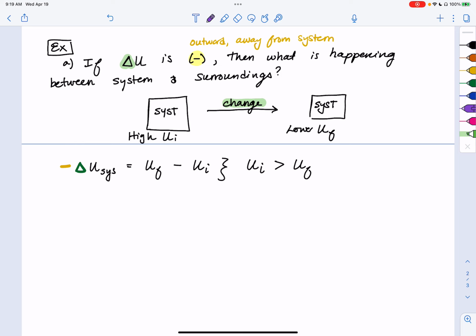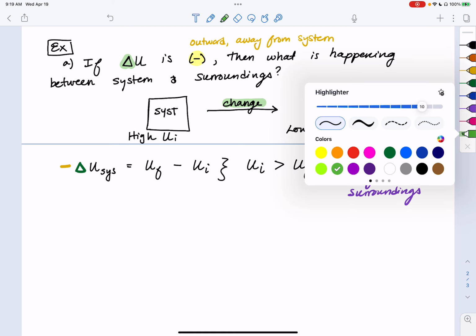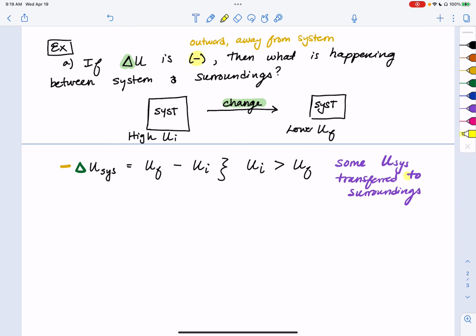The only way that this can happen is if some of our total internal energy of our system is transferred out into the surroundings. Where this transferred to language is associated with that negative sign.